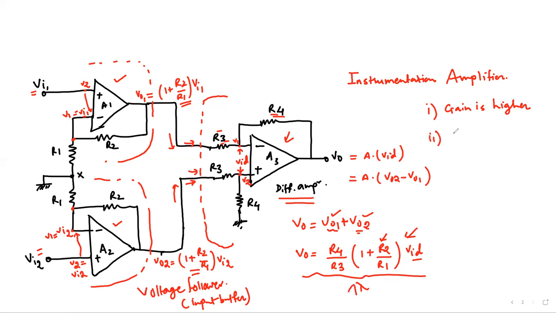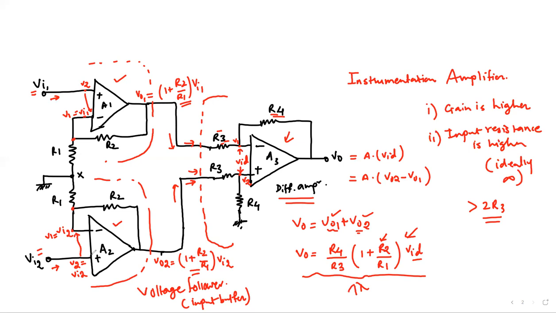Second, input resistance is higher. Ideally it is infinite, and practically it is certainly greater than 2 times R3, as we've seen in the differential amplifier case, because we have the buffering. We are looking at the input terminals of the operational amplifiers.